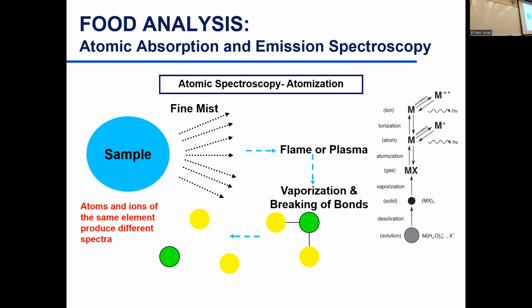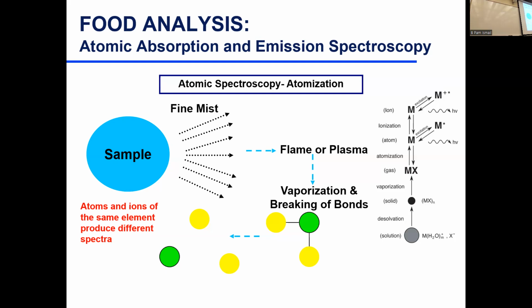So when you were writing your report, or when you talked about over and underestimation, one big part of underestimation is adjusting the flame temperature. So you adjust the acetylene and the air concentration so that your flame temperature is just enough for vaporization and breaking of the bond, so you can get atoms and you don't get ionization.